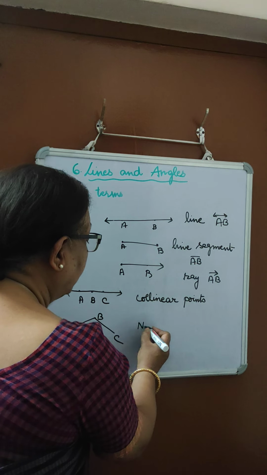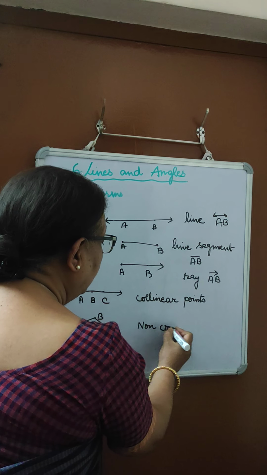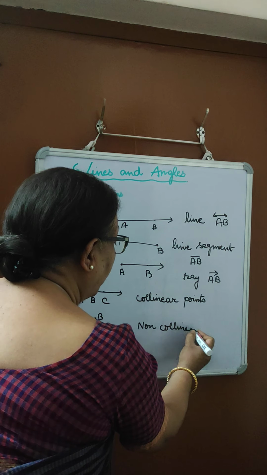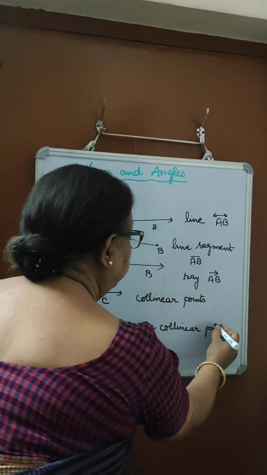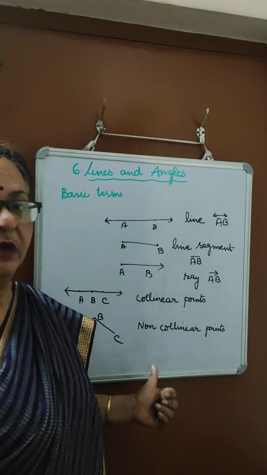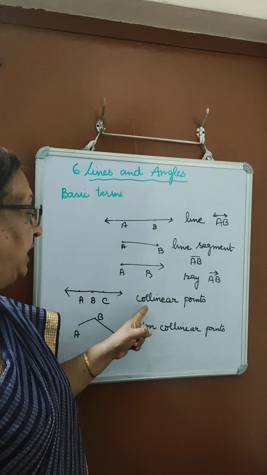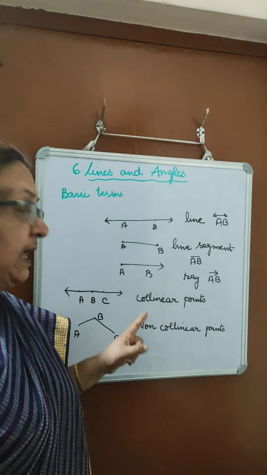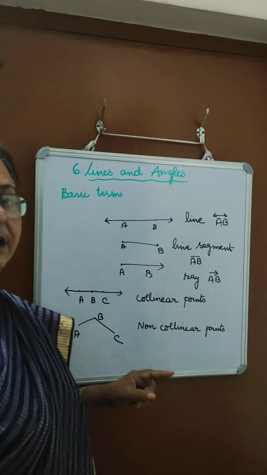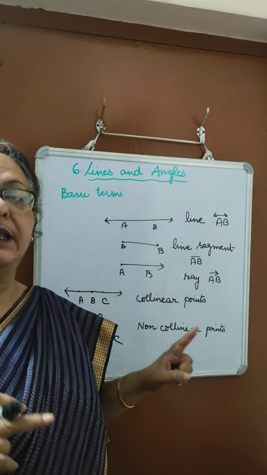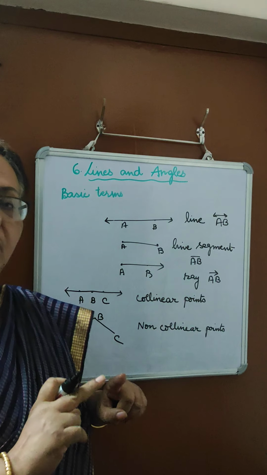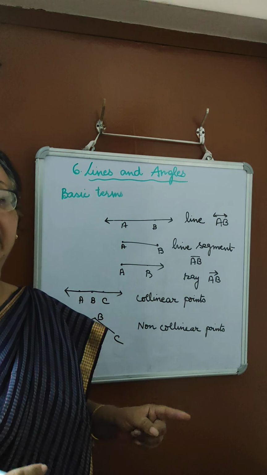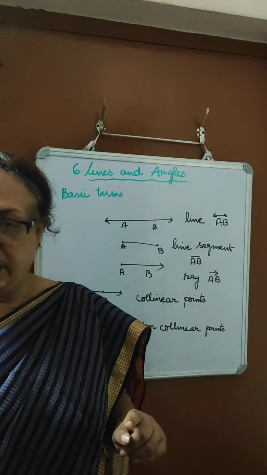So these are then called non-collinear points. So understood children, collinear points and non-collinear points. If 3 or more points lie on a straight line, they are called collinear points, and if the points do not lie on a straight line, they are non-collinear points.